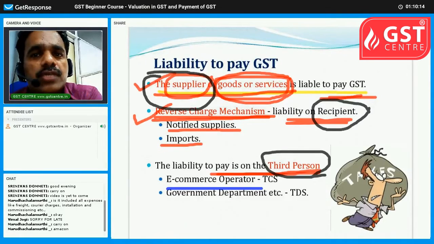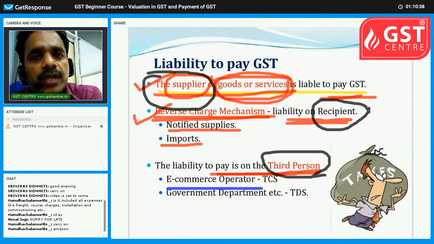How can they pay GST to the government? When they are getting the price from the customer, and when they are paying that collected price to the Micromax company, they have to deduct tax collected at source amount. That is, if the price for the mobile was 5,000, the customer paid 5,000 to Amazon. Amazon has to pay 5,000 to Micromax mobile company, but Amazon has to deduct, say, rupees 500 as TCS amount.